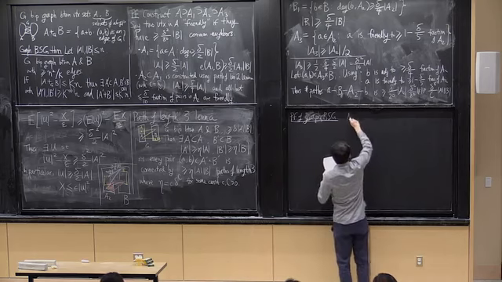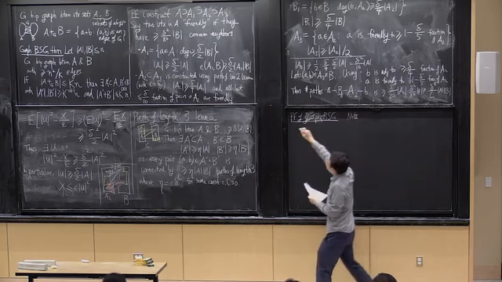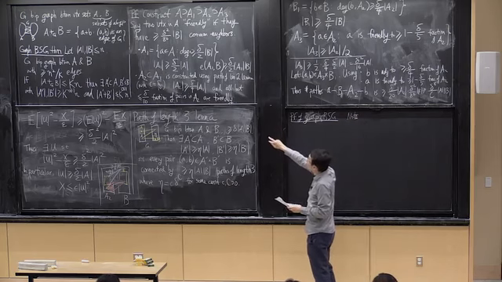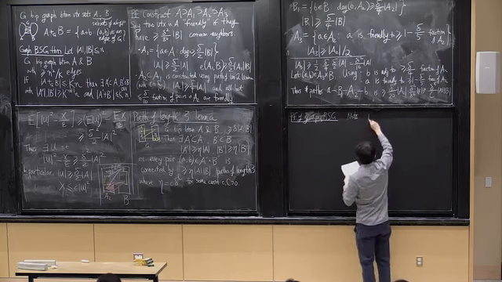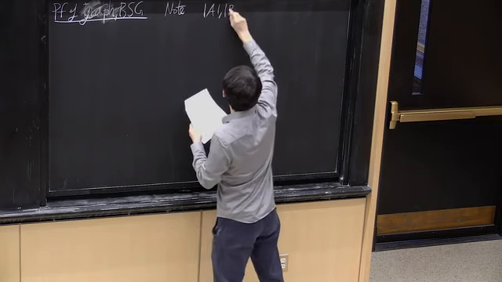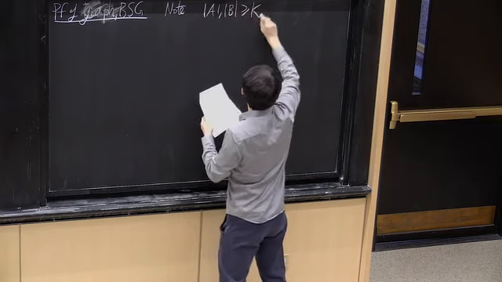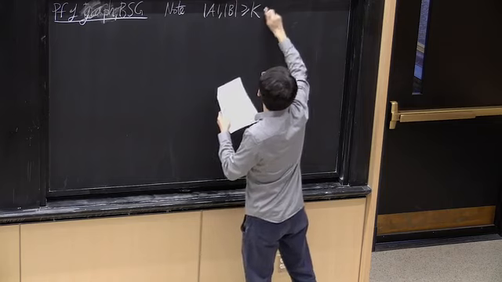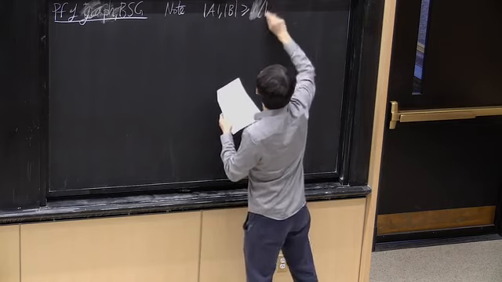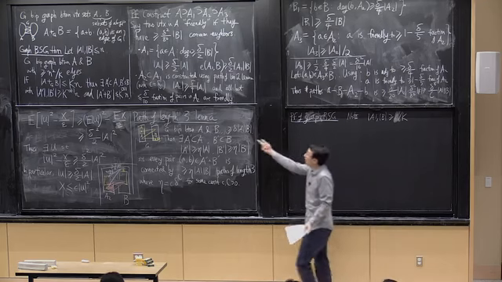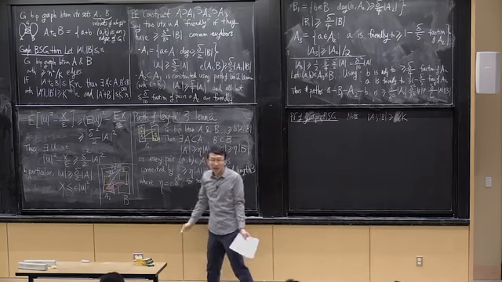So first note that the hypothesis of Balog-Szemerédi-Gowers already implies that the size of A and the size of B are not too small, because otherwise you couldn't have had n squared over k edges to begin with.